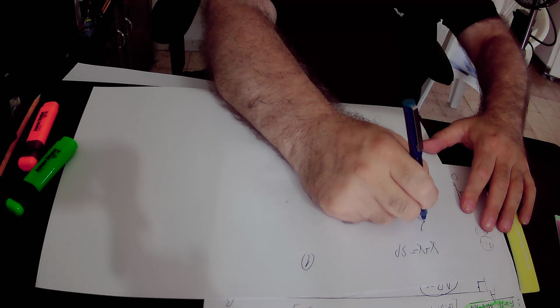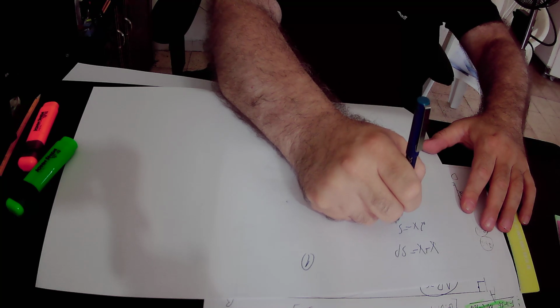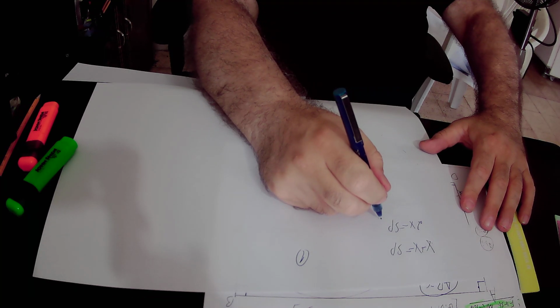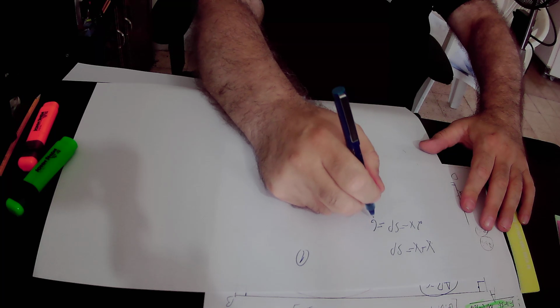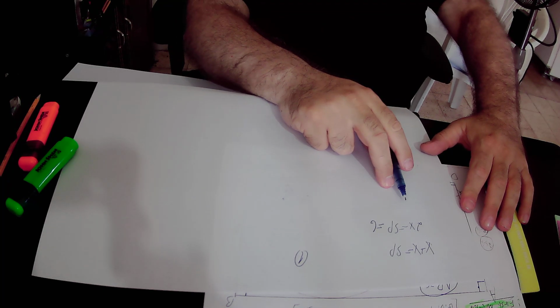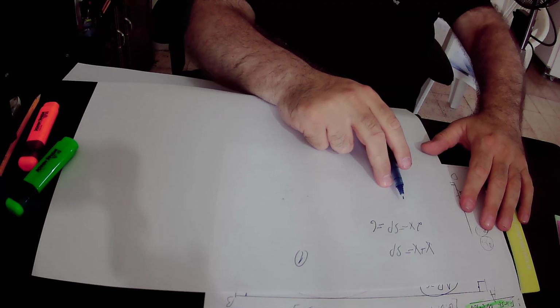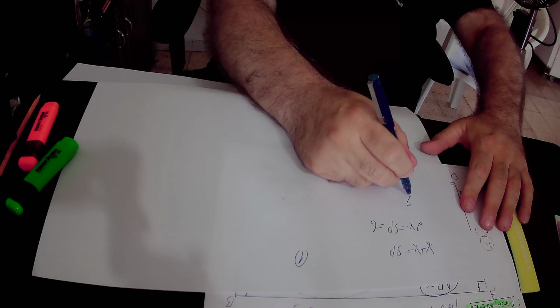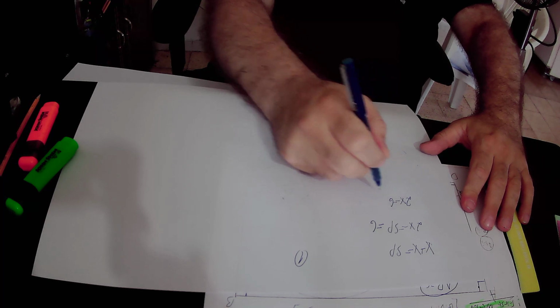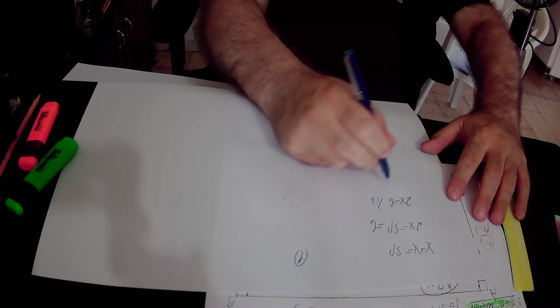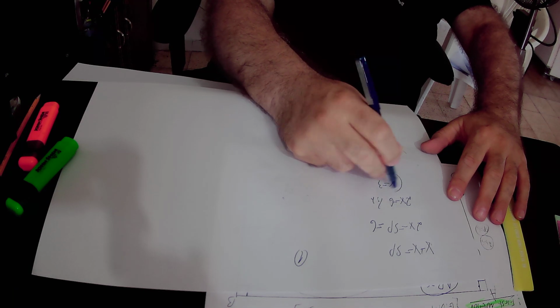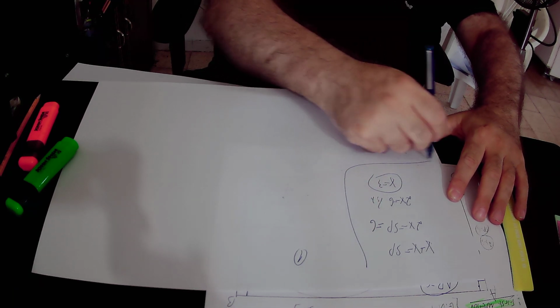X plus X is 2X, that is equal to SP. But SP equals 6 units according to what is given. From this, 2x equals 6. We divide this equation by 2 and we get that x equals 3 units.